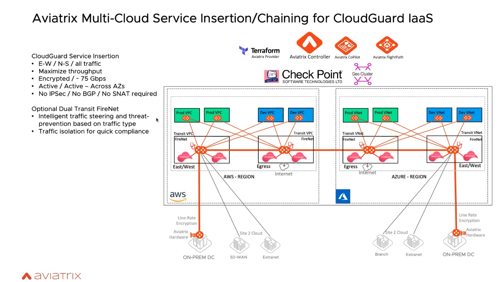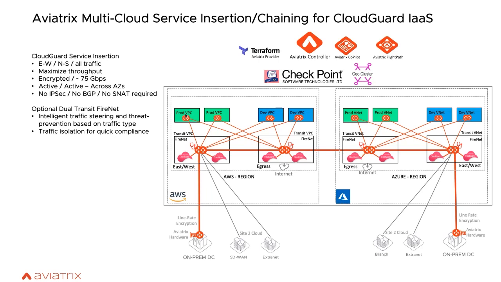When you deploy this CloudGuard with our solution, we can automatically deploy this using something called dual transit FireNet. So we'll deploy one transit VPC or security VPC for east-west, and the second one is for the egress traffic. And the beauty of the solution is that this is all intelligent. So we will intelligently steer the traffic based on the traffic.